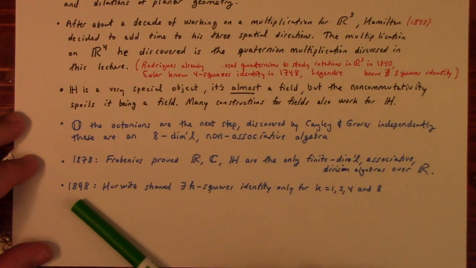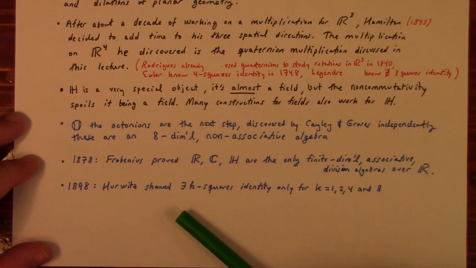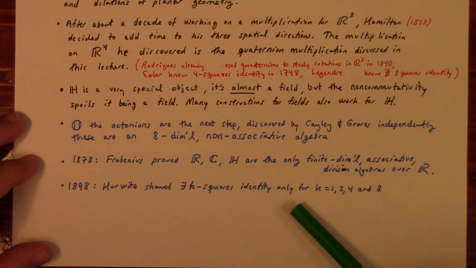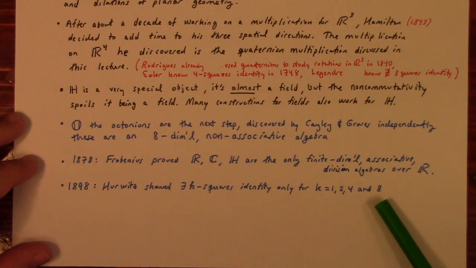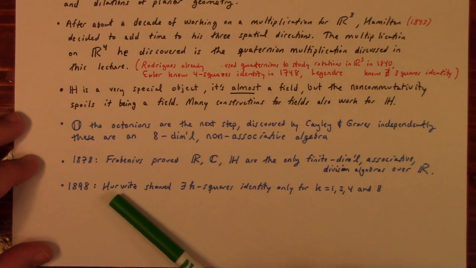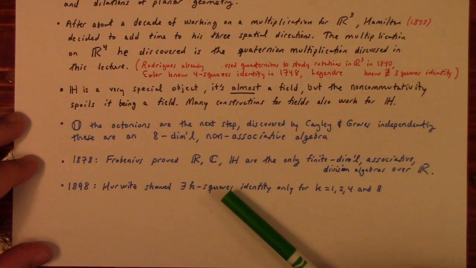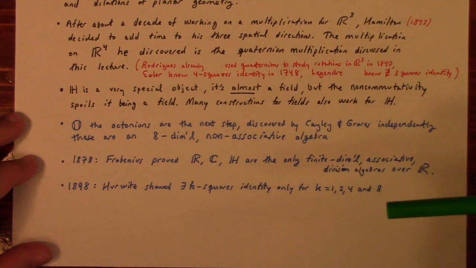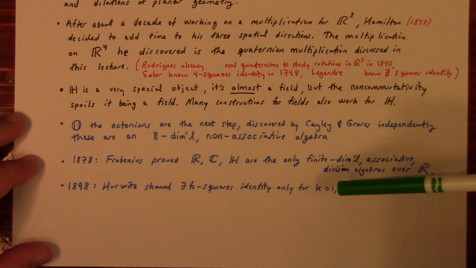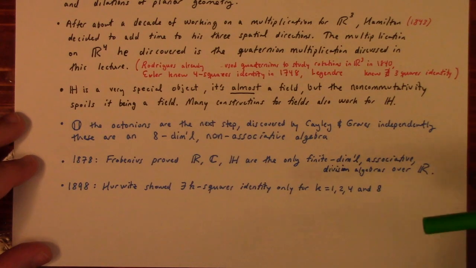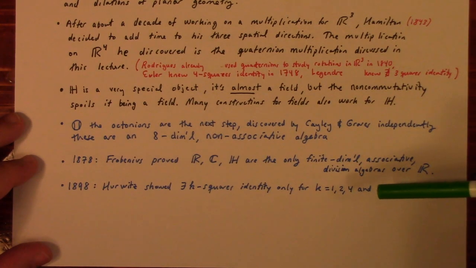Hurwitz, 1898, showed that there exists a k-squared identity for only k equals 1, 2, 4, and 8. Stated a different way, Hurwitz showed that the only normed division algebras are those of dimension 1, 2, 4, and 8, which are the reals, the complexes, the Quaternions, and the octonions, up to isomorphism.